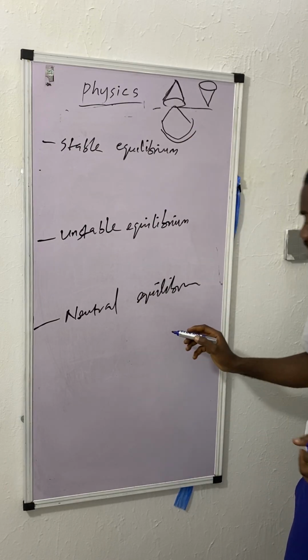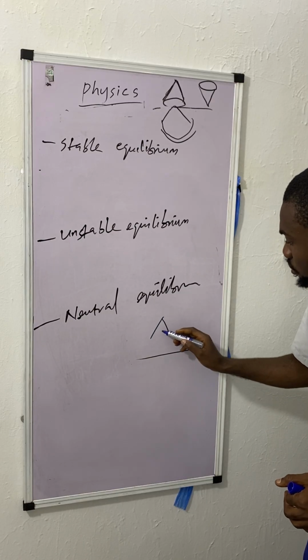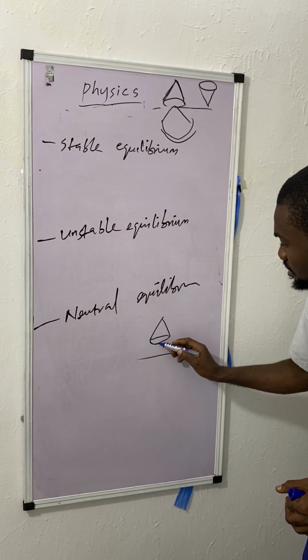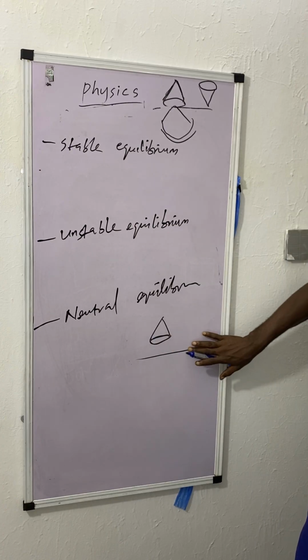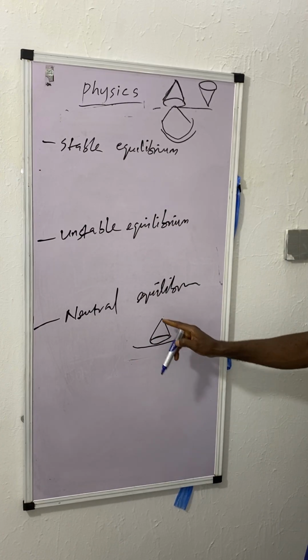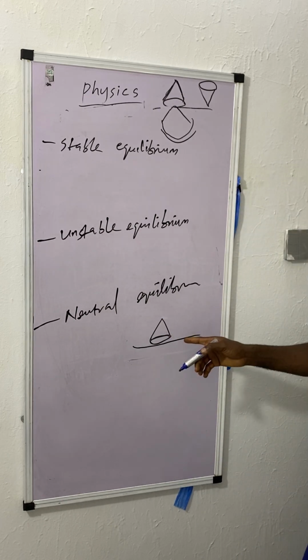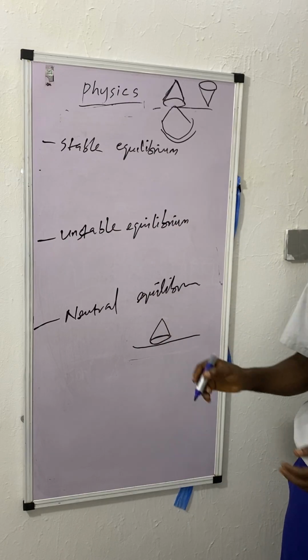For example, this cone, because the under is curved, this is the straight surface. You put the cone like this, and this is the original position of the cone. And you disturb this cone a little.